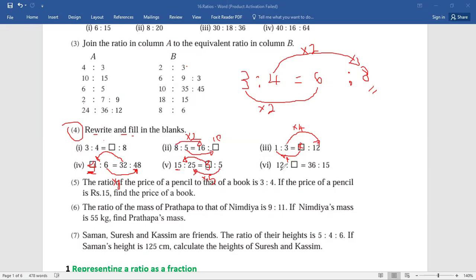So here 12 and here 36. How do you convert 12 into 36? Multiples of 12, right? 12 times 3. Yes, excellent.